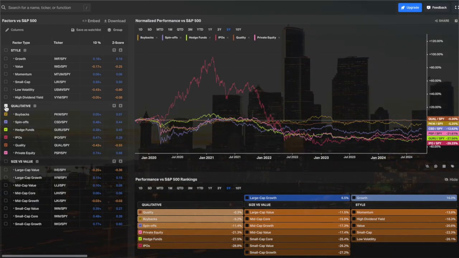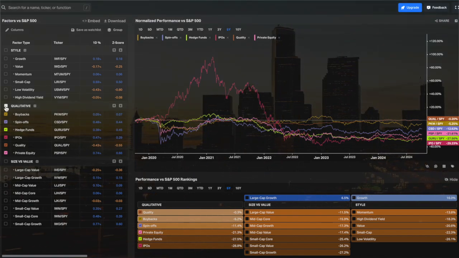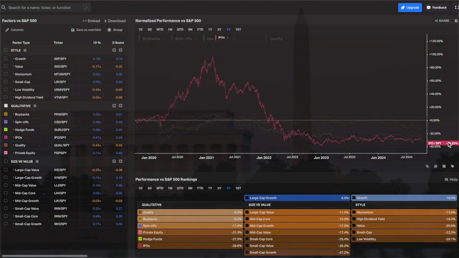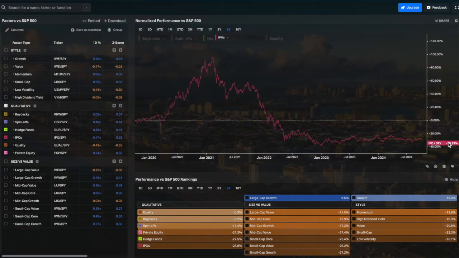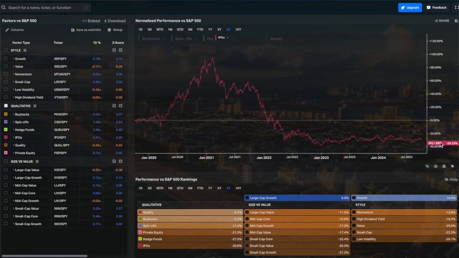Now, if we compare it to the S&P 500, as you can see on the chart, IPOs there in purple had a massive run after COVID. They outperformed the S&P 500 by more than 100%, and then crashed back down in subsequent years till today, where they are underperforming the S&P 500 by 30%.